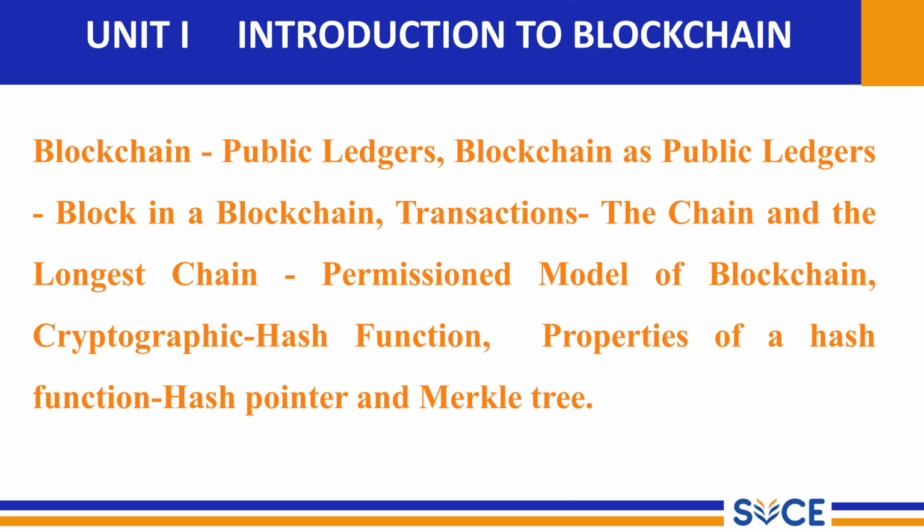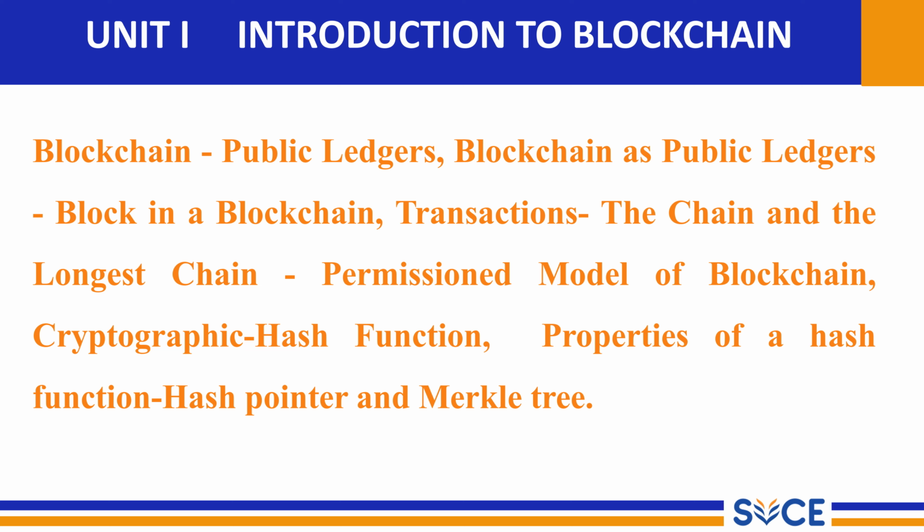We will also introduce the permissioned blockchain model, which is used for restricted access applications where only authorized users can participate. This is especially useful in industries like banking and healthcare.